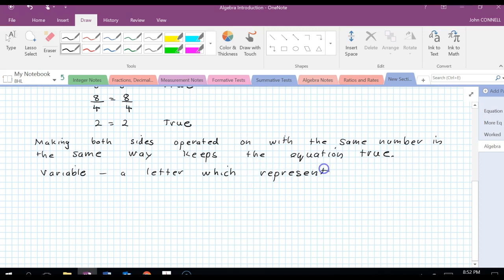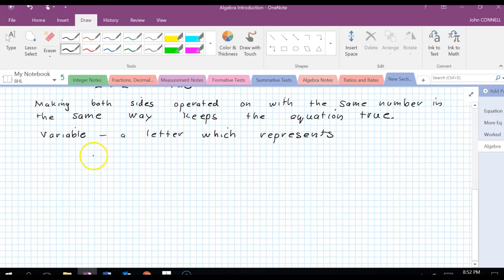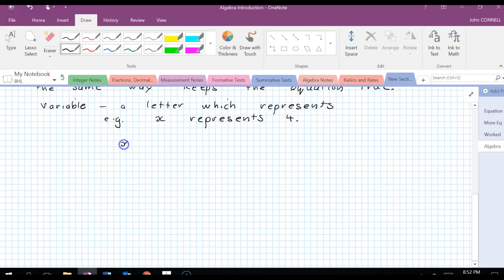So if we take a variable we commonly use, say x, we can say that x represents 4 as an example. So I can say x is equal to 4. x and 4 are the same thing. x is representing 4, so it is the same thing as 4.